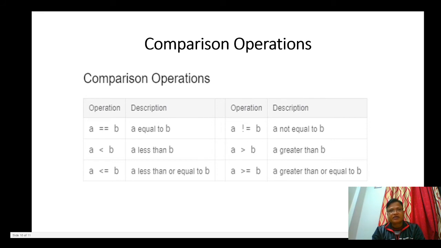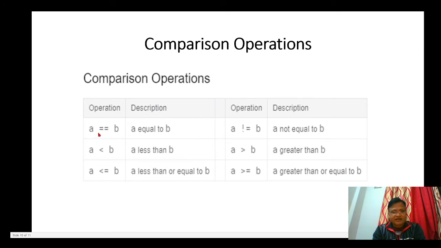Suppose I want to compare whether the height of one student is equal to the height of another student, whether the salary of A employee is less than the salary of B employee. So whenever we need to compare the values of two variables, we will always use comparison operators. So let's see what the different types of comparison operators available in Python are.